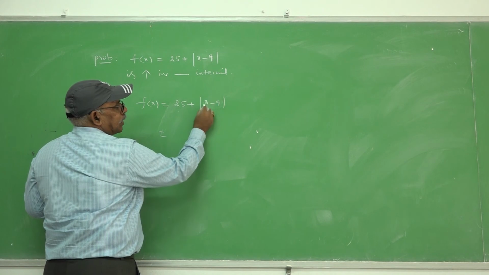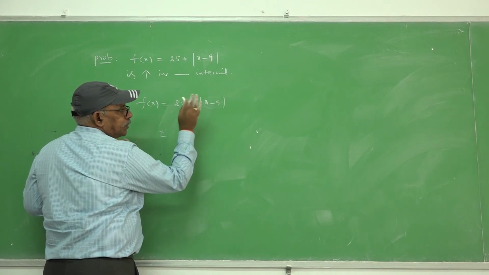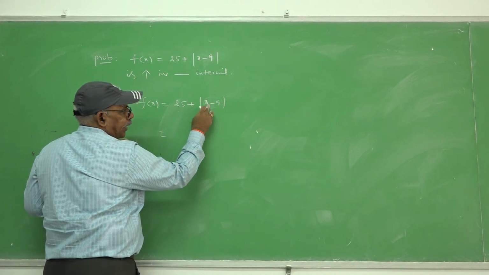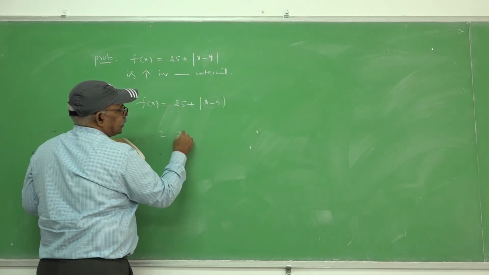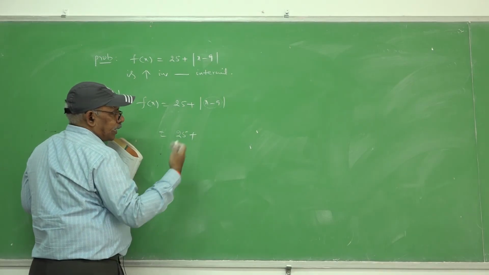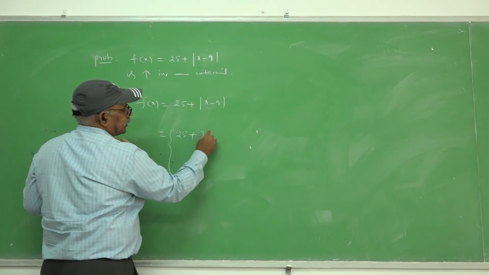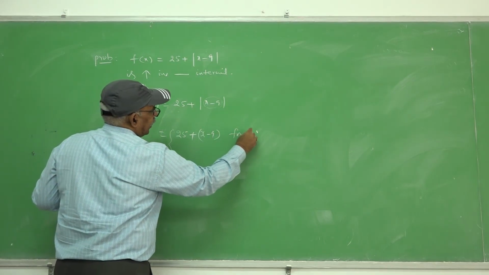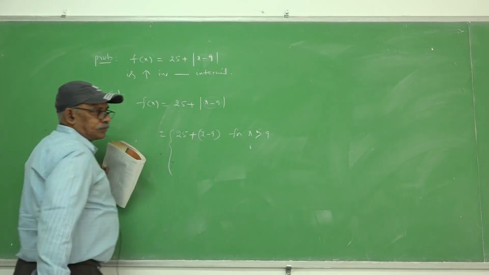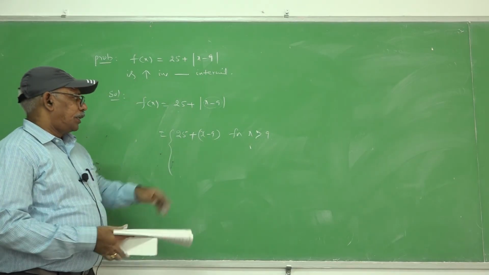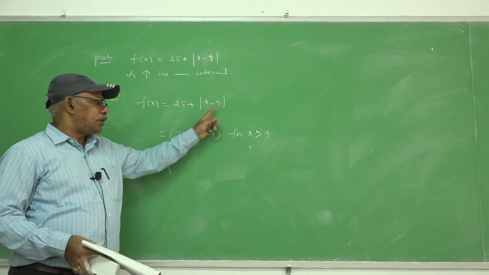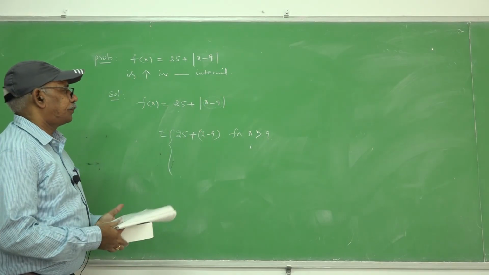This x minus 9 is positive for x more than 9. Hence, in such case, that means for x greater than 9, the function is 25 plus x minus 9. Once this value is positive, the modulus gives us x minus 9 itself.